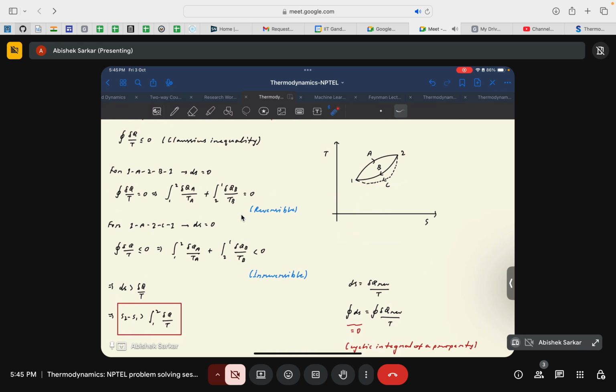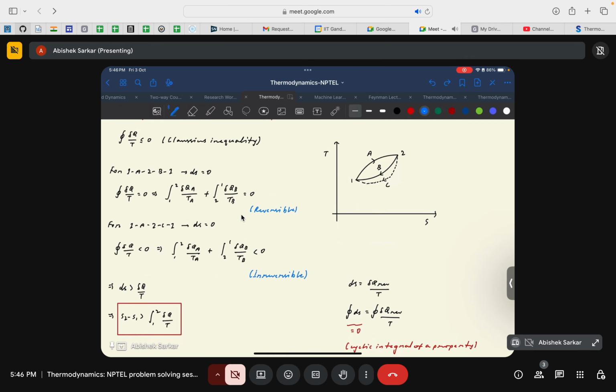Now, for the path 1A2C1, that is this path, we know from the Clausius inequality that the cyclic integral of del q by T should be less than 0, because there is an irreversibility in part C. So we can write the integral of del qA by TA from 1 to 2 plus the integral of del qC by TC integrated from 2 to 1 should be less than 0 for an irreversible process.